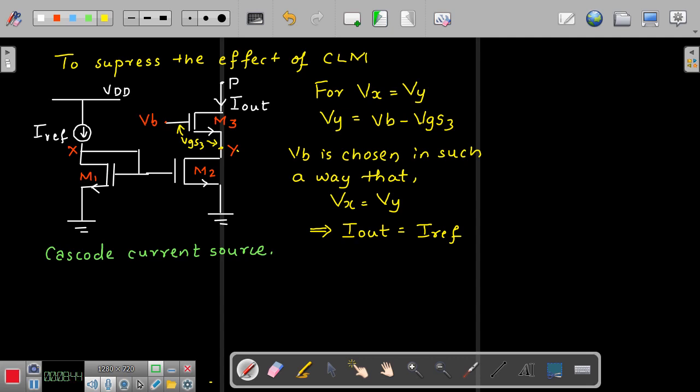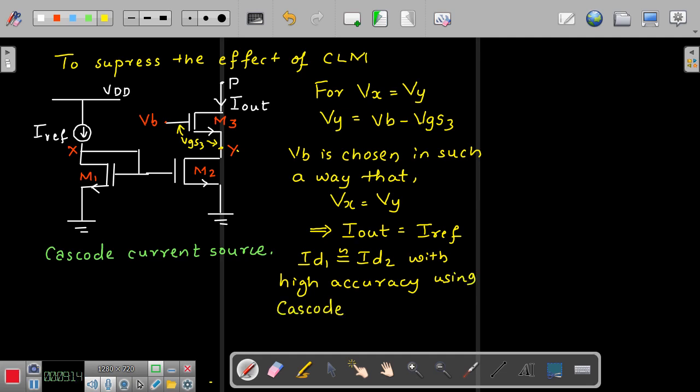So this is where you need to have the cascode current sources, right? The ID1 value will become almost equal to ID2 with high accuracy using the cascode current source.